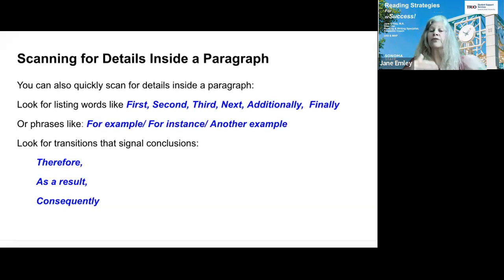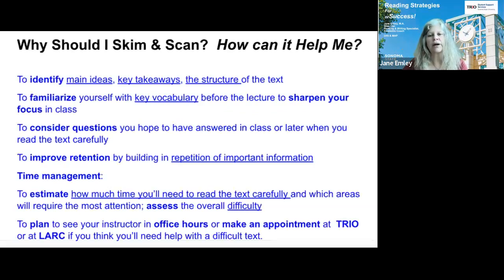Or you might look for phrases like, for example, for instance, another example. If you're looking to quickly find the conclusions in a paragraph, you're going to be looking towards the bottom, but you would again scan for transitional phrases like therefore, as a result, consequently, in conclusion, in short, to sum up.